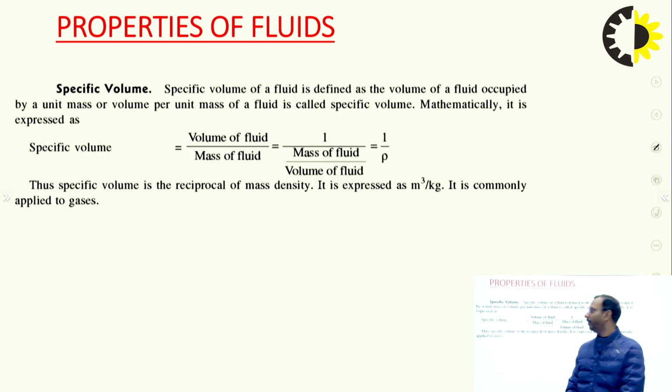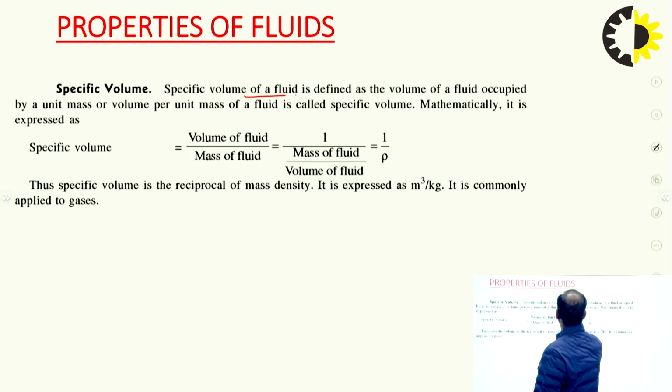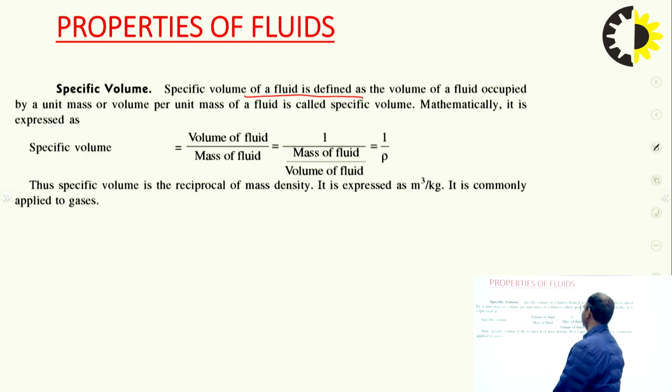Then the third property is specific volume. Basically, specific volume of a fluid is defined as the volume of a fluid occupied by a unit mass, or volume per unit mass of a fluid is called specific volume.